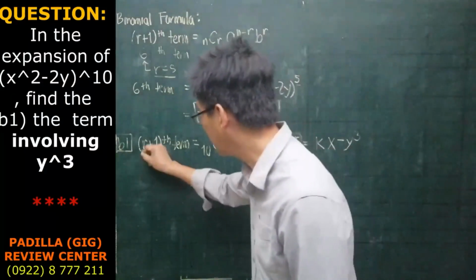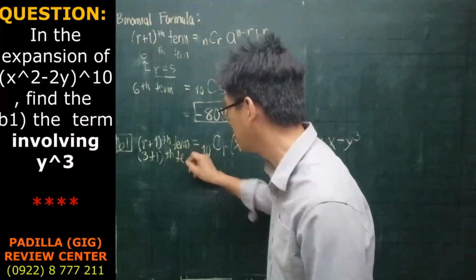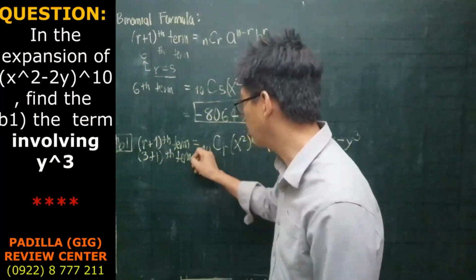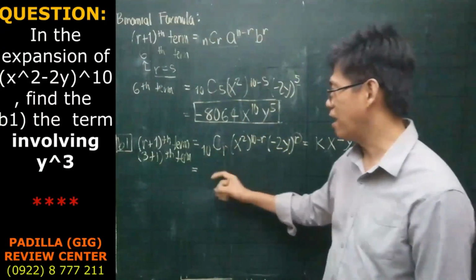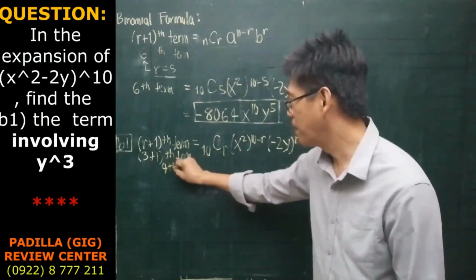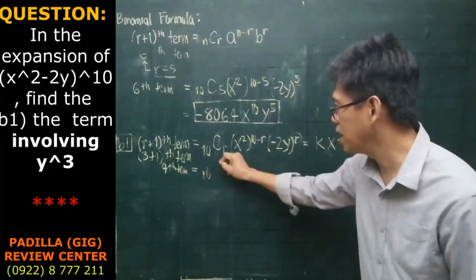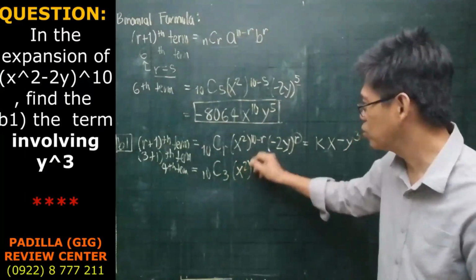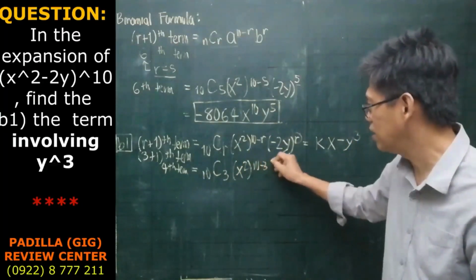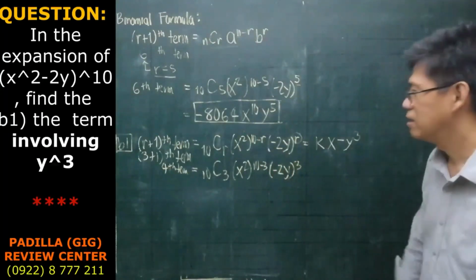So, therefore, 3 plus 1, so this is the fourth term, is going to be equal to 10Cr, r is 3, x squared to the 10 minus 3, minus 2y to the 3.